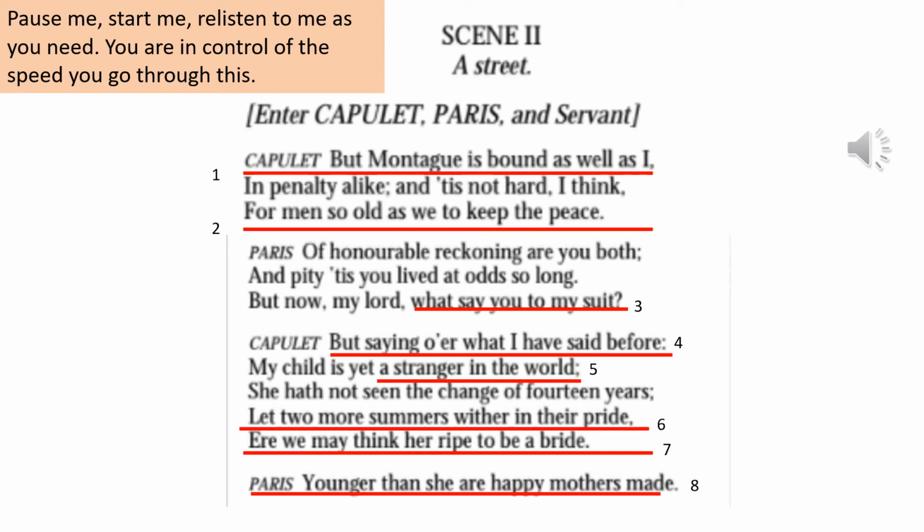So what we get here from the beginning of this scene is dialogue between these two men, one who already controls Juliet and the other who is looking to control her, and they are discussing this very important decision without her there. Okay, right, on to the next screen.